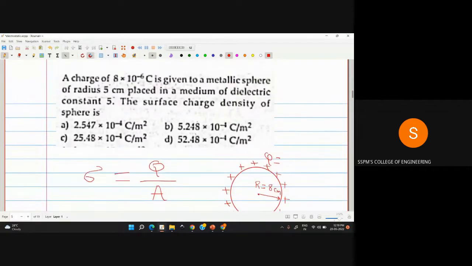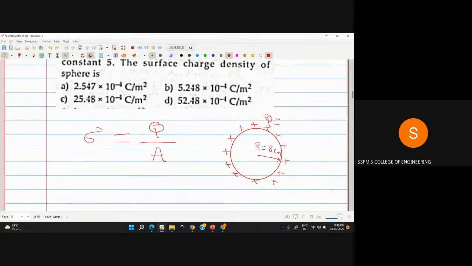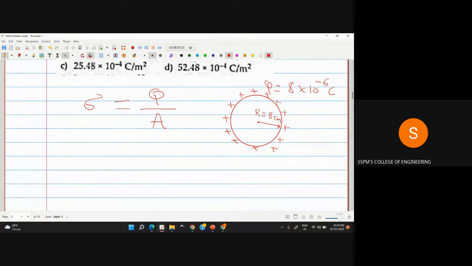Q is given, 8 microcoulomb. 8 microcoulomb is nothing but 8 into 10 to the power minus 6 coulomb, isn't it? So which data do we require? The charge is known, the area is required. And how to find the area of the sphere? The area of a sphere is 4 pi r square, isn't it?